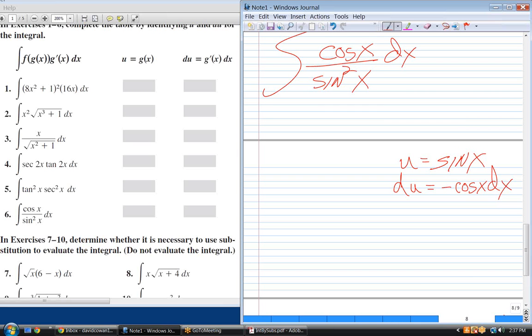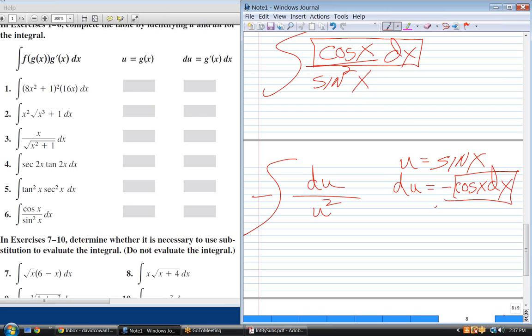We don't need to solve for dx, because I can see in this integral that there's a cosine x dx, matches for that. That's what I'm looking for. I want to substitute a du for that. Then just rewrite it as negative du over u squared. Remember, we let u equal sine x, not sine squared x.